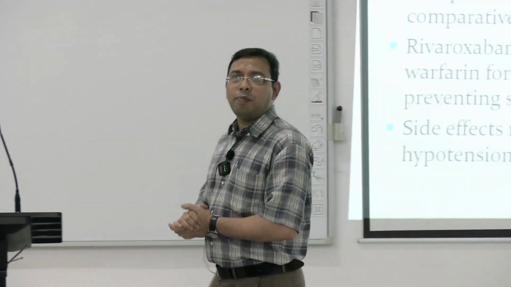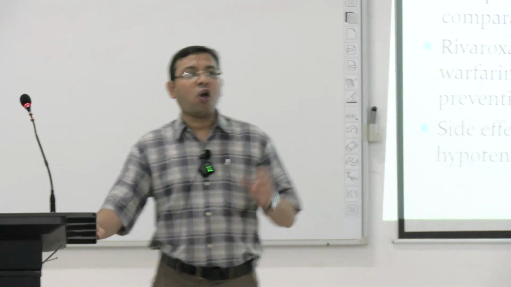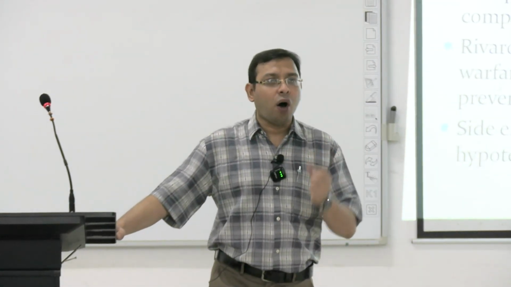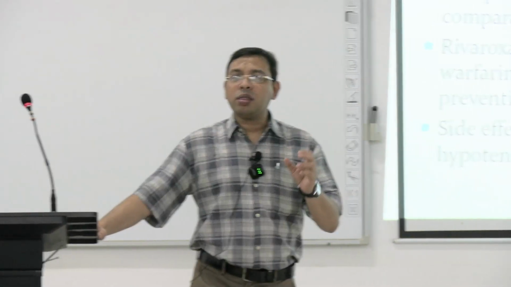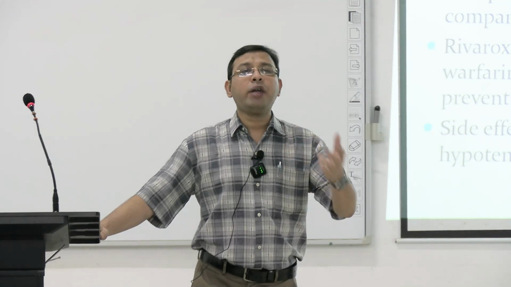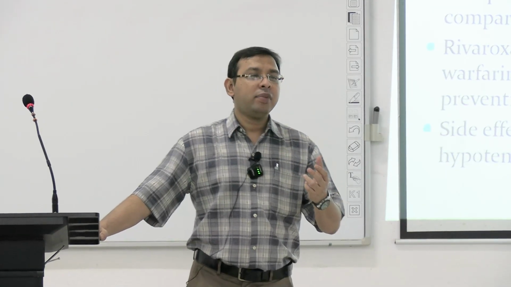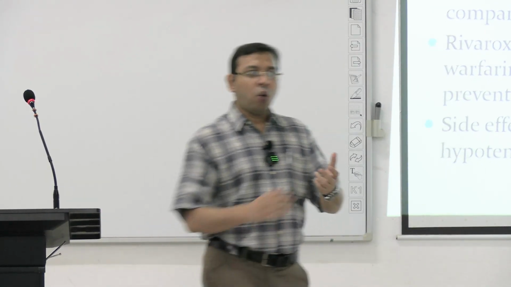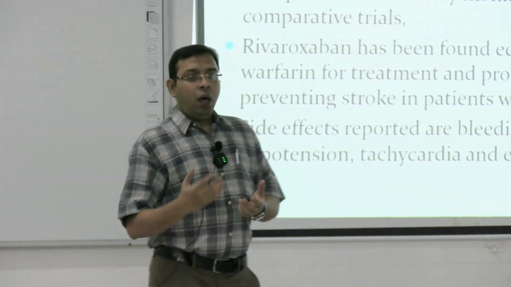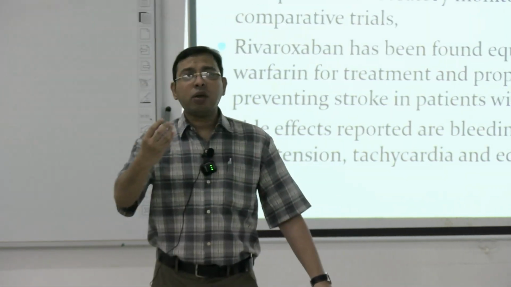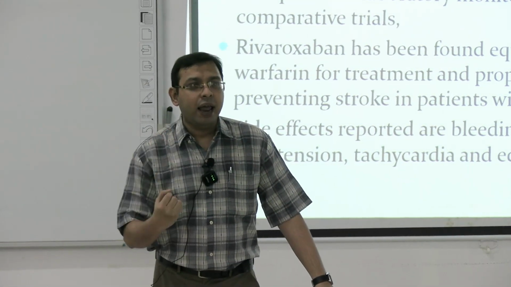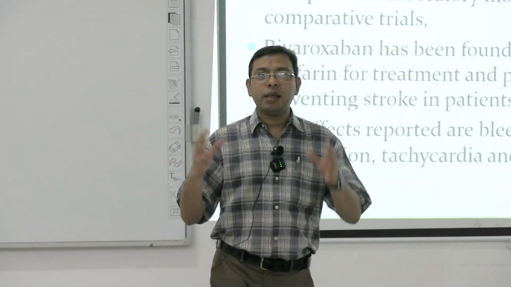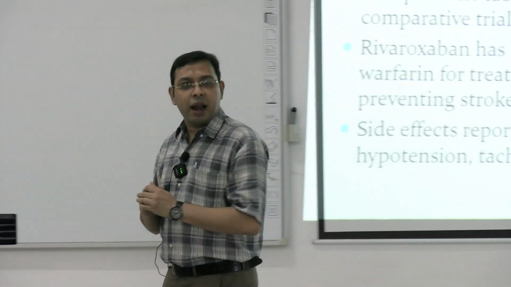What is the consequence of this? When COX-1 is blocked, thromboxane A2 synthesis is blocked. Thromboxane A2 is a prothrombotic molecule that causes thrombosis. So thromboxane A2 synthesis becomes very low, and thromboxane A2 basically causes platelet aggregation and adhesion.